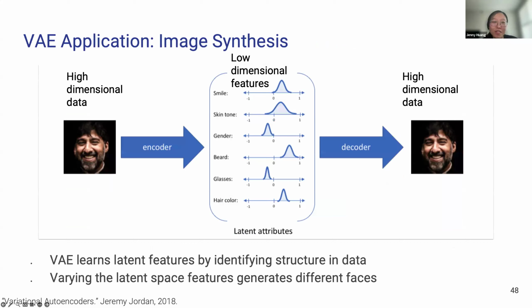Since you can learn the underlying latent features by identifying the structure in the data, it provides a low dimensional feature space that we can understand and tune, so that we can modify an image, for example a human face, based on different features in the latent space. We can tweak different features here to reconstruct a face with features we like.